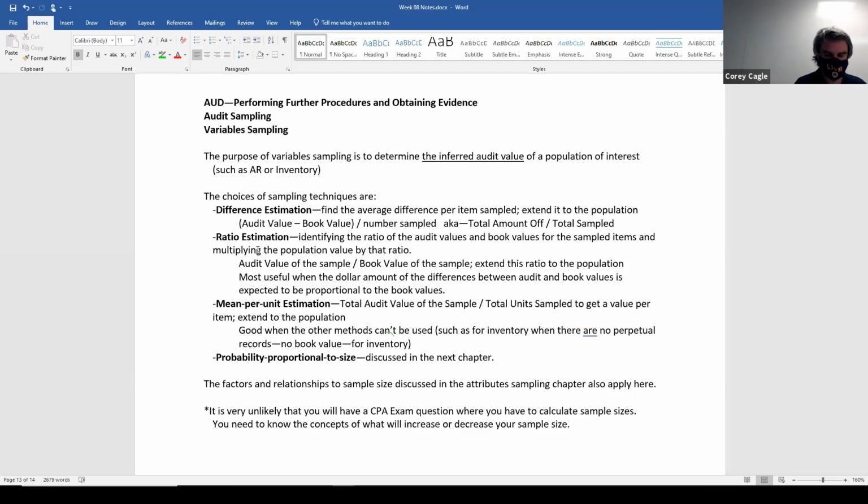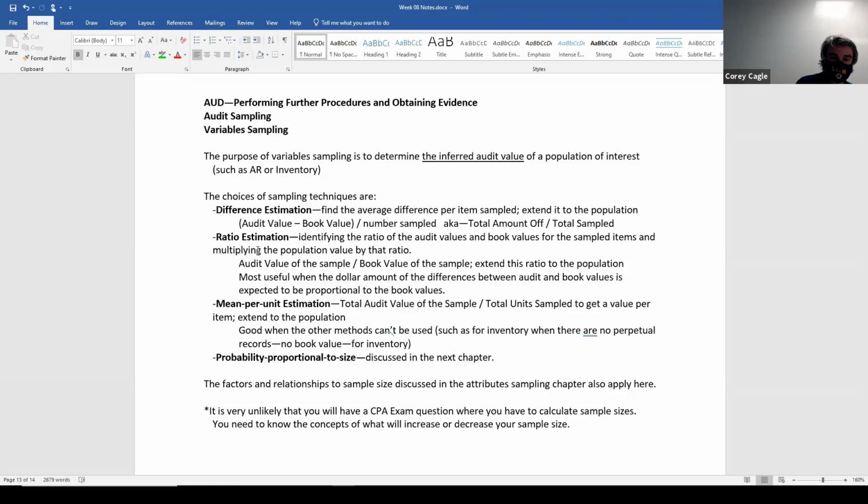And then mean per unit, total audit value of the sample as a ratio to the total unit sample to get a value per item. I don't know how important these terms are, but there they are to look at, in case you need them. I have a starred note at the bottom.